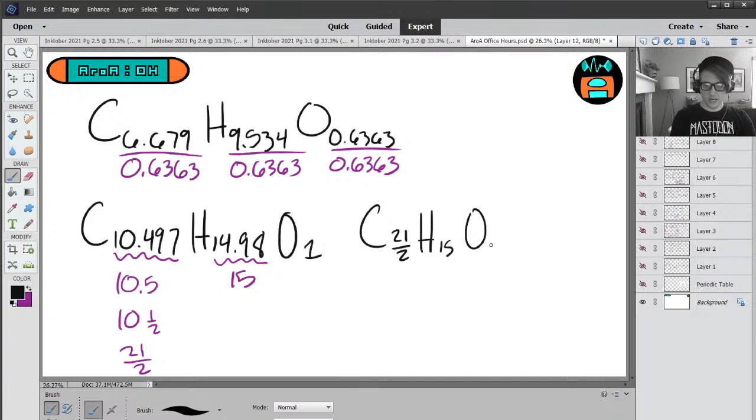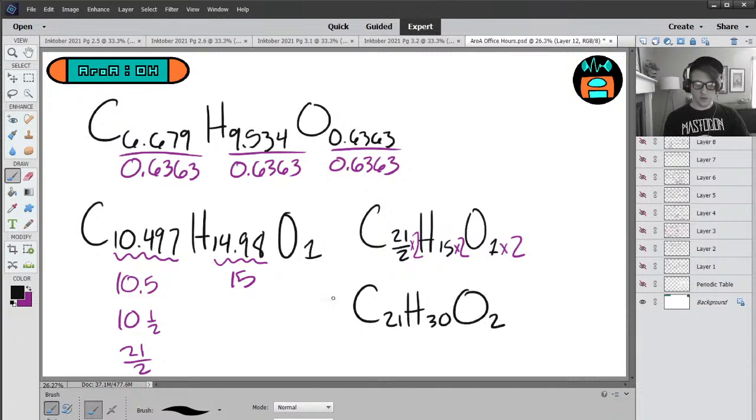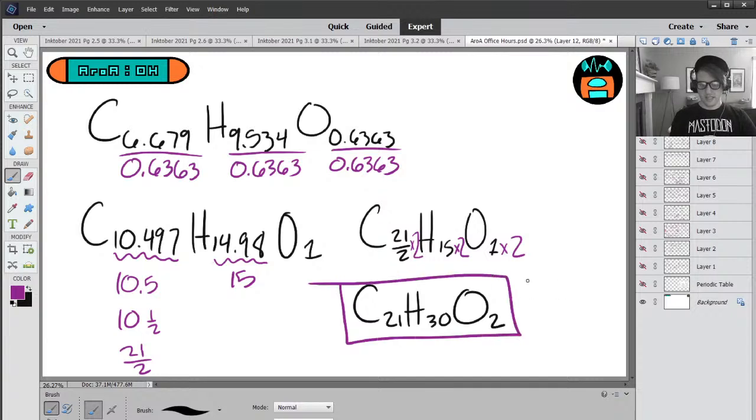And oxygen is 1. We got to get rid of our denominator here and multiply each of these values by 2. So our empirical formula comes out to be C21 H30 O2. This is the empirical formula.